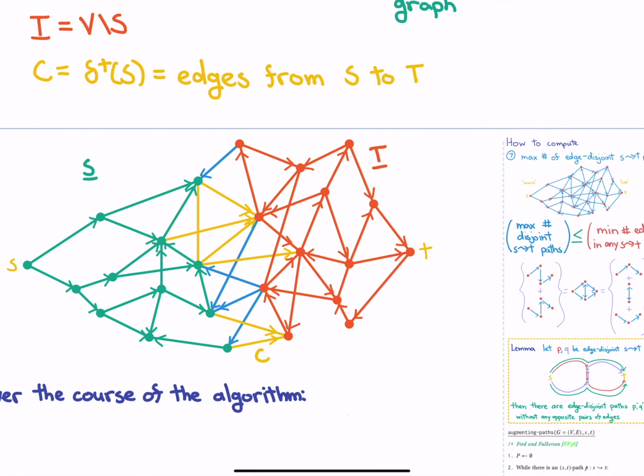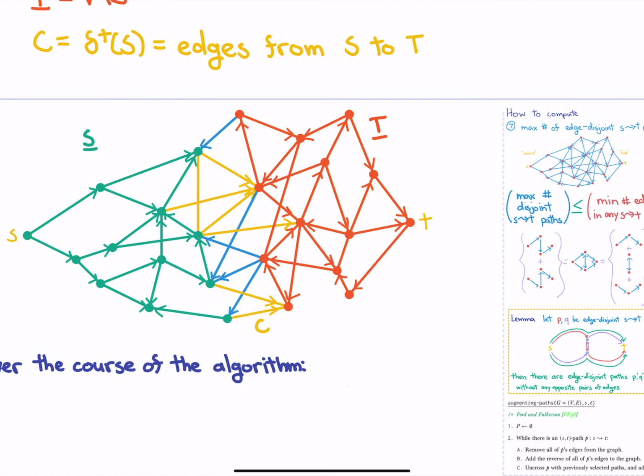So over the course of the algorithm, what's happening to this cut? What does the algorithm do?